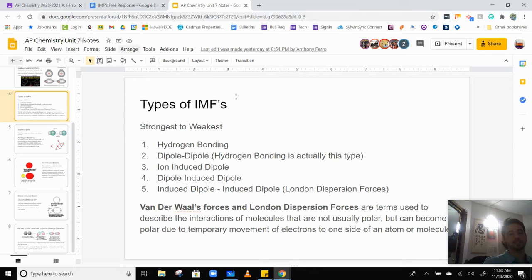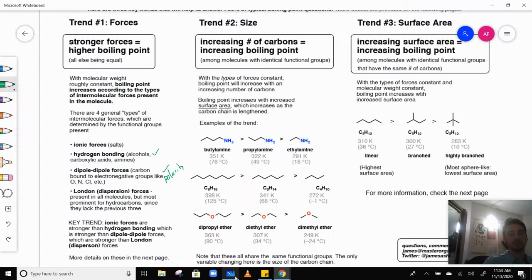If they all have the same forces, if they all have the same IMFs, then you look at the size of the molecule.